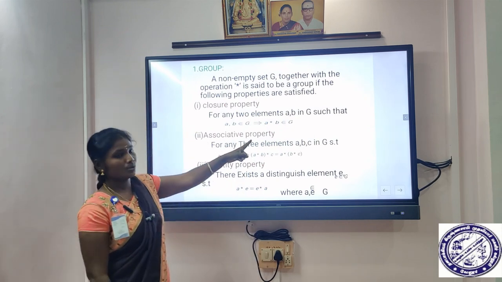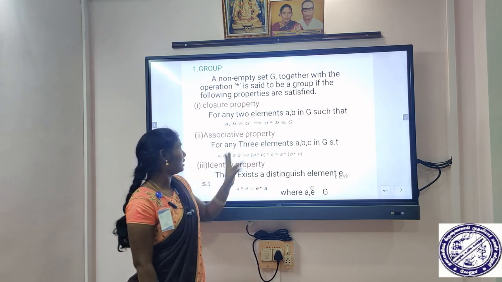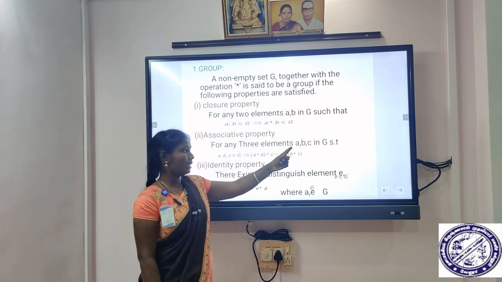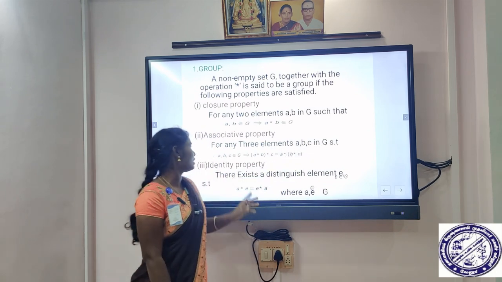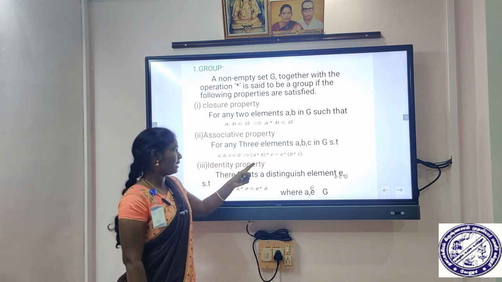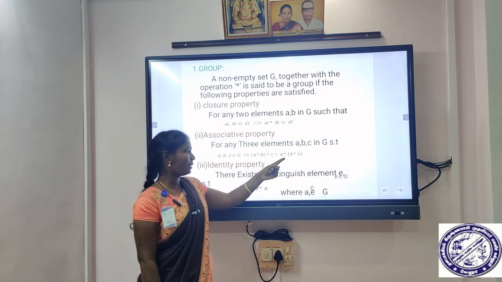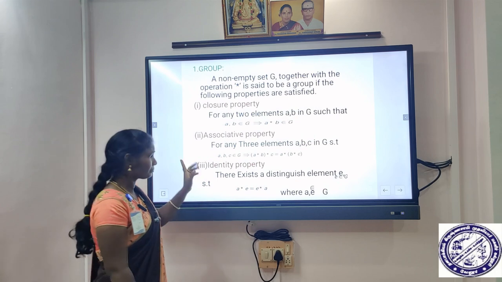Next is the associative property. I can choose three elements. For any three elements a, b, c in the set G, such that a, b, c belong to G, implies that (a star b) star c equals a star (b star c). Next one is the identity property.